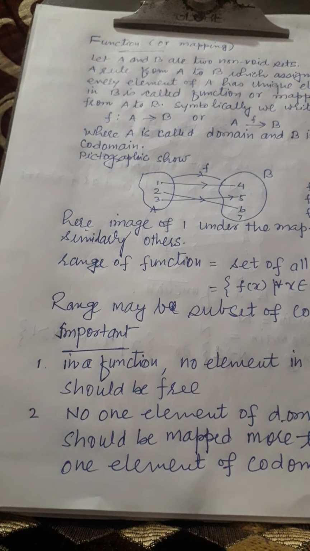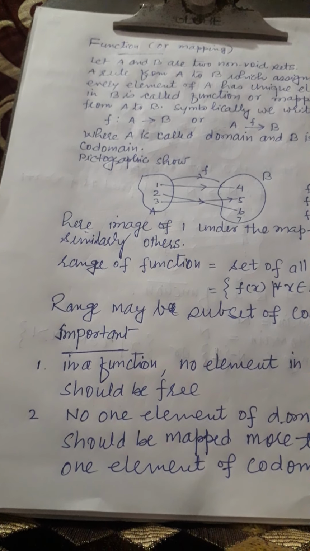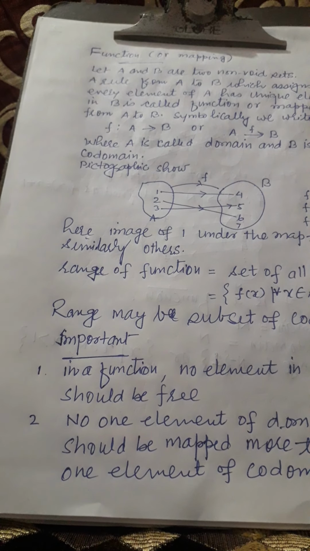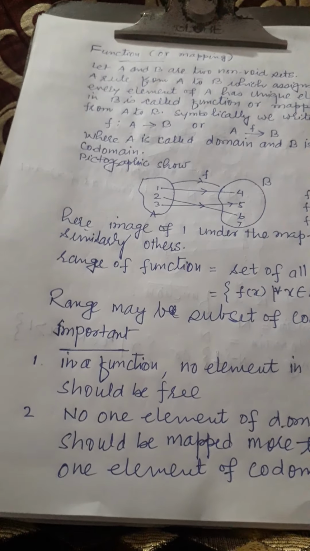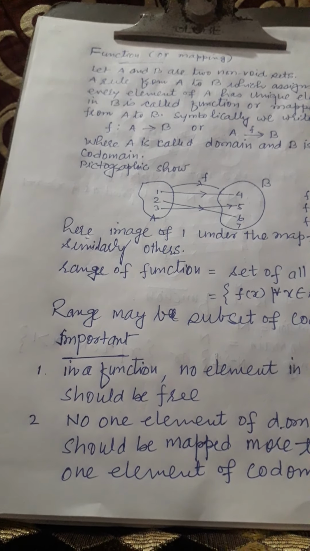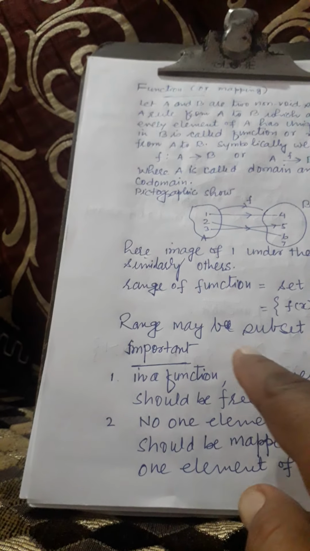Now let us define domain. Domain is the set containing 1, 2, 3. Codomain of the function is the set 4, 5, 6, 7. Now the range of the function.